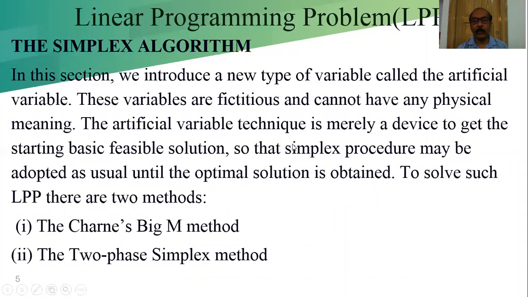First, we have to introduce the artificial variable to convert the inequations to equations. We do this for constraints of greater than or equal to type. For greater than or equal to type, first we introduce the surplus variable. That surplus variable we subtract from the left hand side. Since we subtract it from the left hand side, the coefficient of the surplus variable is -1. That does not form the basis.